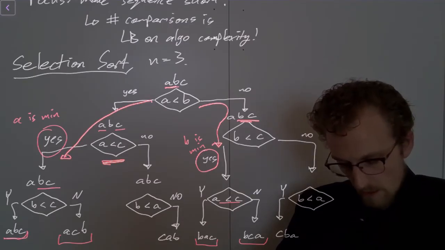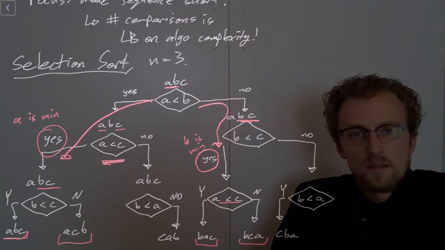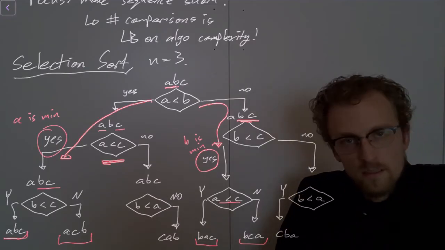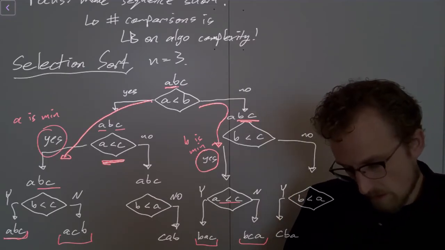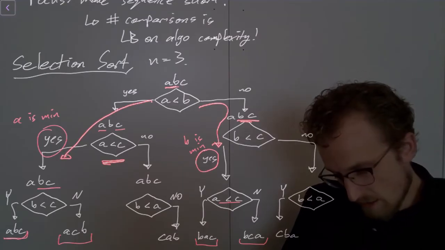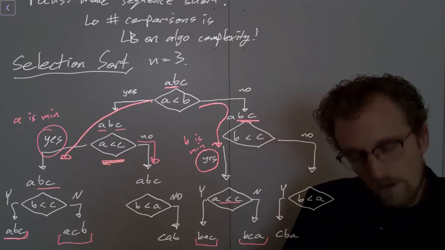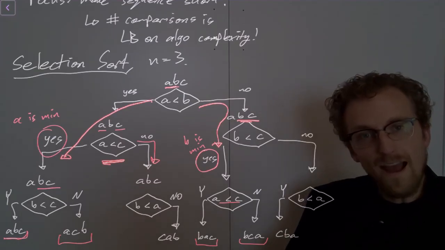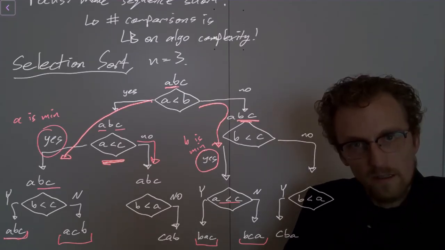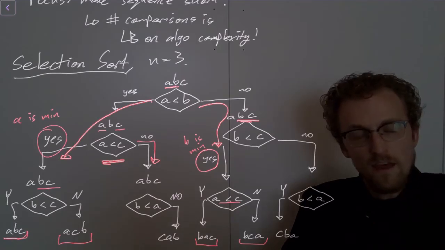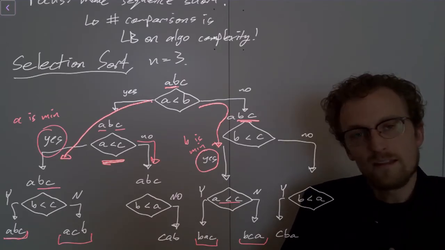So now if we go down here, what is the next decision? This decision tree is just written out as selection sort would perform the comparisons. But it turns out that in this branch, if we say no right here, we actually know how the array is sorted. The algorithm has actually done enough work. It's done enough comparisons that if we were clever in looking at it, we could say, well, now we're done.